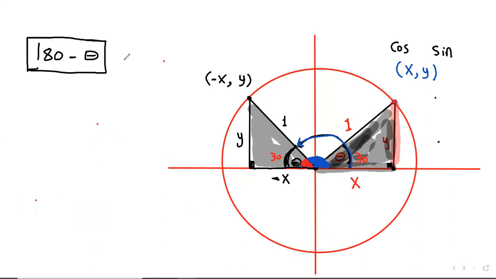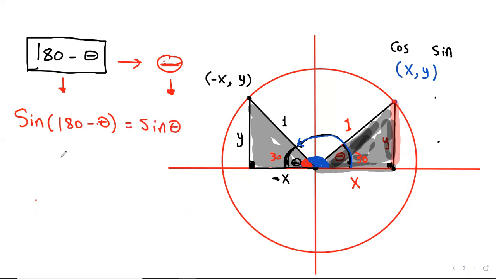So the angle theta and the angle 180 minus theta are two related angles. So sine 180 minus theta equals sine theta.